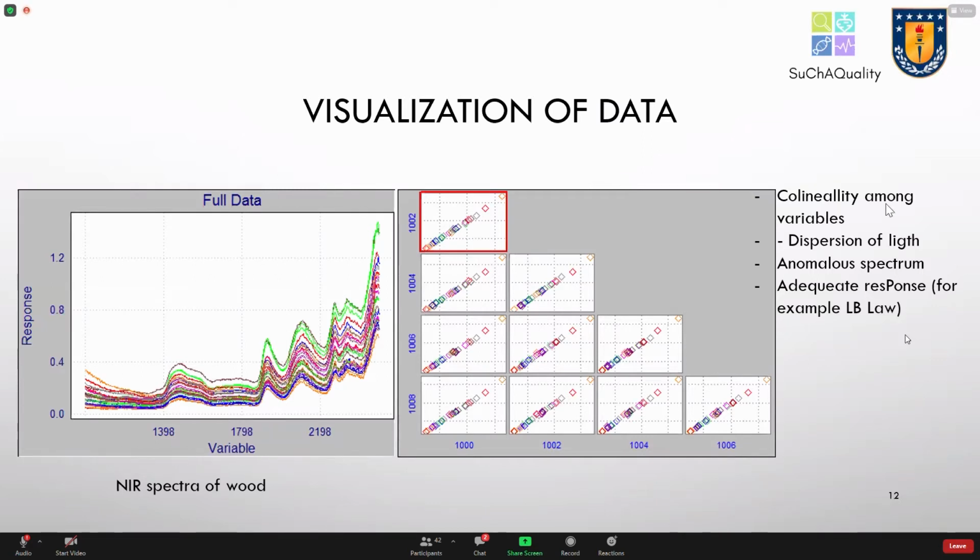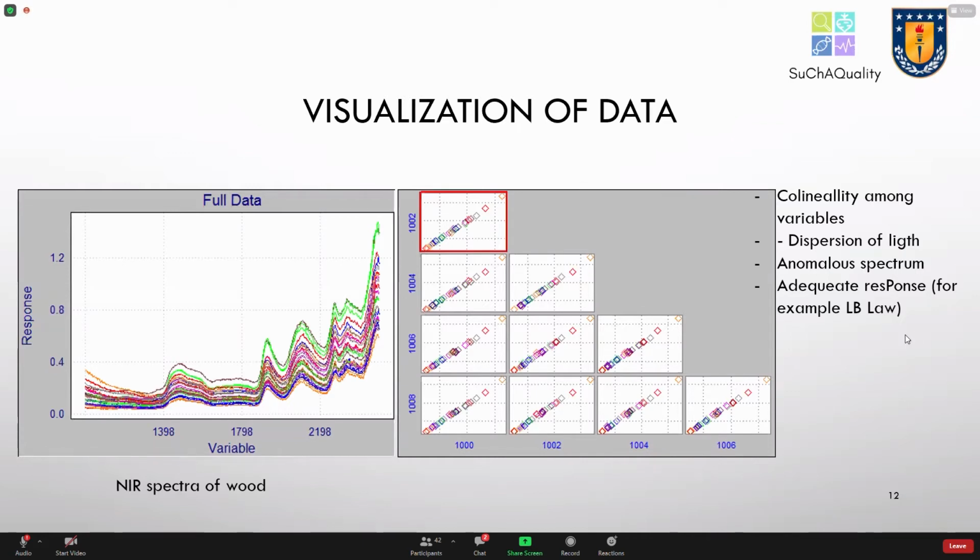So we can see if we have some anomalous samples or outliers, but in this case, I don't see that. And we can see in this stage if we have an adequate response of, for example, absorbance or transmittance or reflectance and so on.